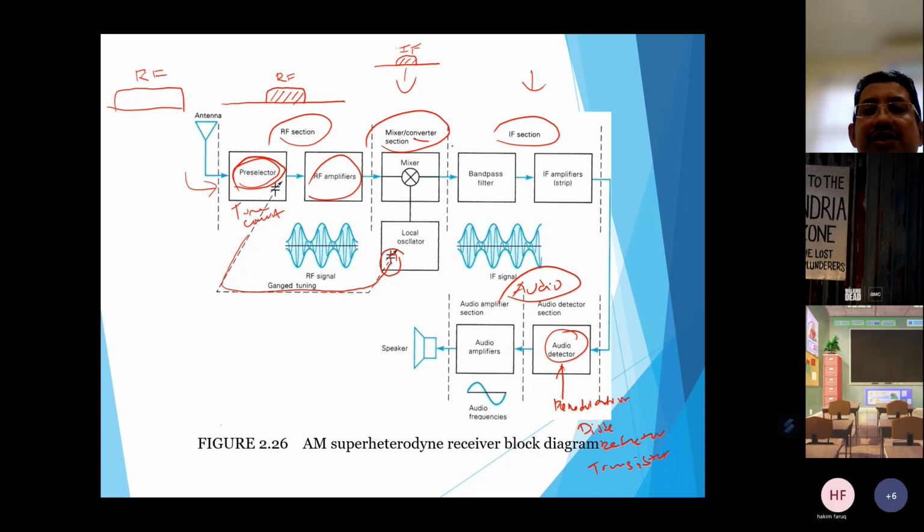So apa yang kita produce di sini adalah IF, intermediate frequencies signal, yang mana kita akan masukkan ke dalam IF section. IF section akan further filter the signal, okay, further filtering process dan juga amplify again. Okay, barulah kita buat proses demodulation.